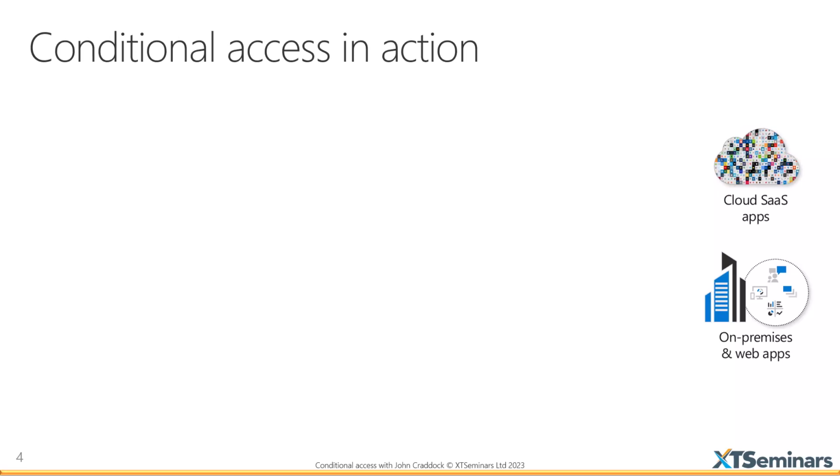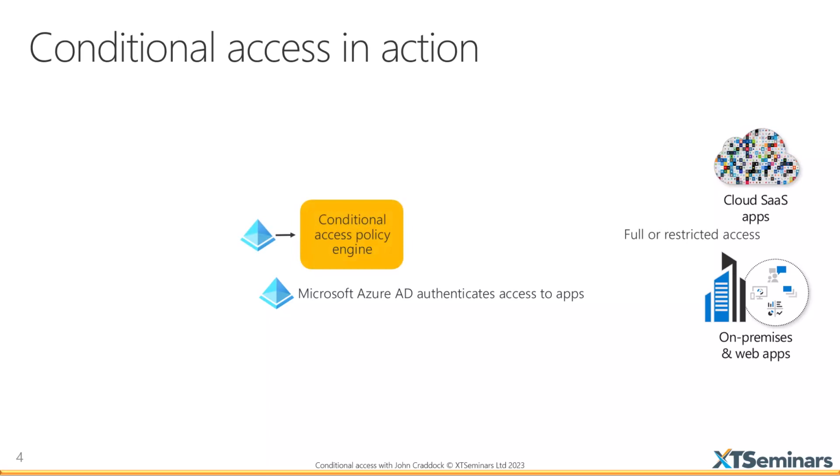But the first thing that we need to arrange is for all of our users to be authenticated by Azure AD. And once we have our users authenticated by Azure AD, the next thing is we can trigger the conditional access policy engine.